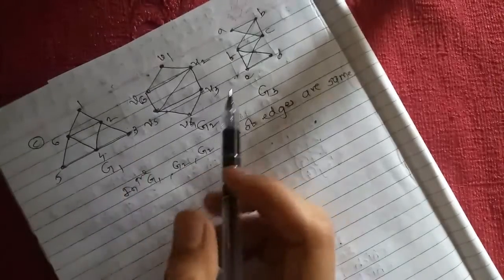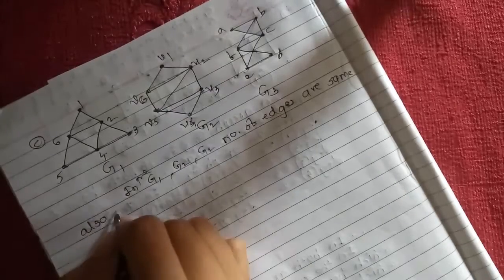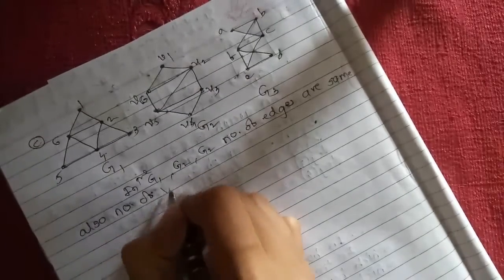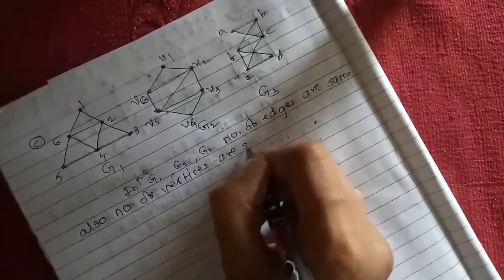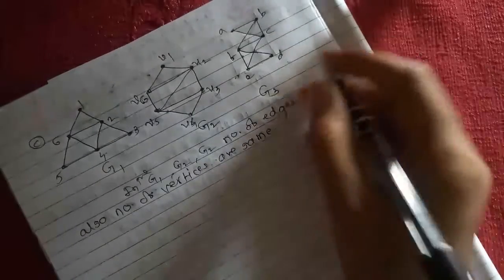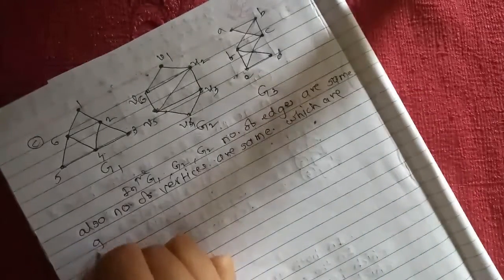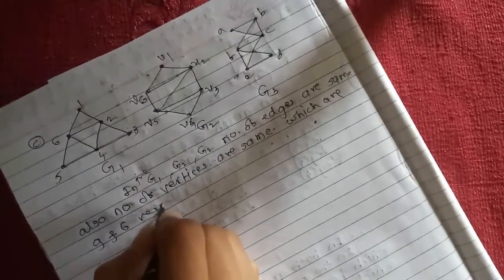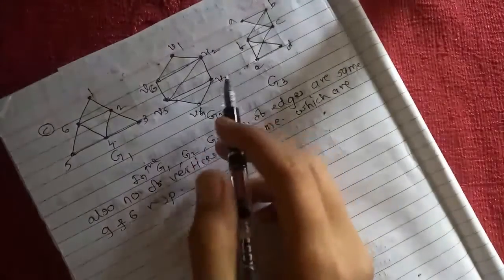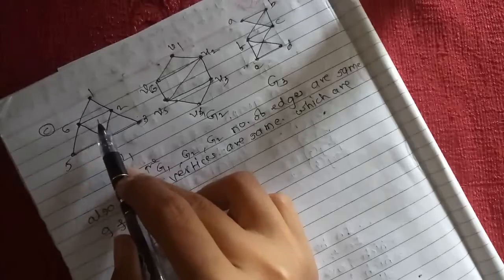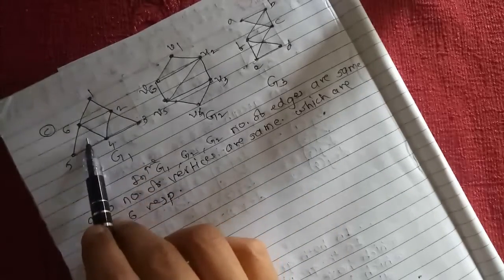And the number of vertices, 1, 2, 3, 4, 5, 6, are also the same, which are 9 and 6 respectively, right? Now we check the cycles. Here you observe, there are three triangles. How many triangles are there? 1, 2, 3, 4.